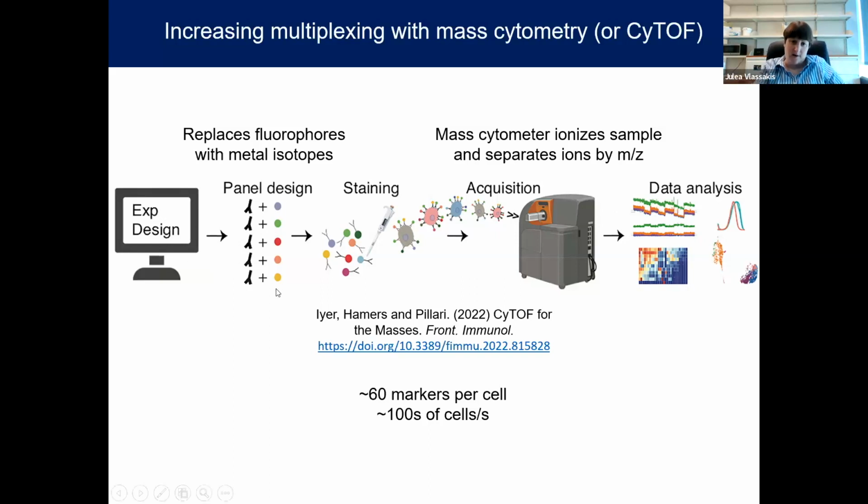Okay, so you can get many more colors in this case, or distinct metal isotope mass to charge ratios.